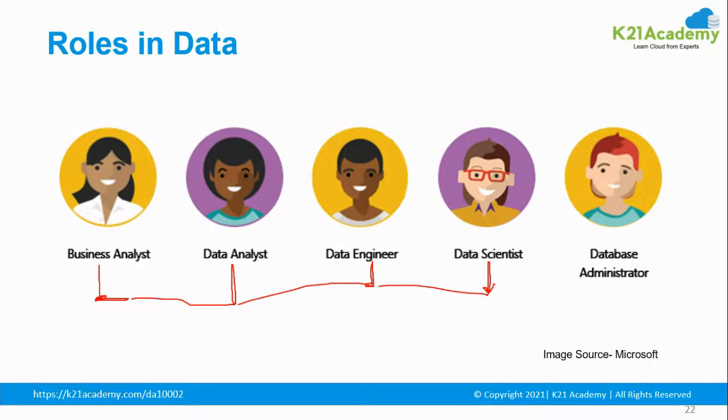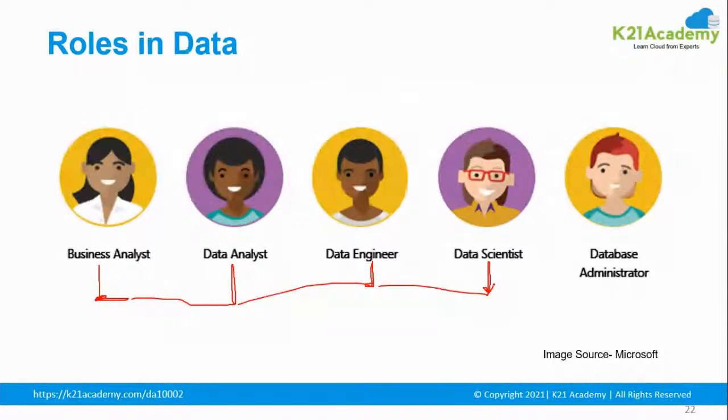And finally we have the DBA, the database administrator. The database administrator is responsible for overall availability, performance, and optimization of the database solutions. They set policies, tools, and processes for data backups and recovery plans, and monitor the overall health of the database.